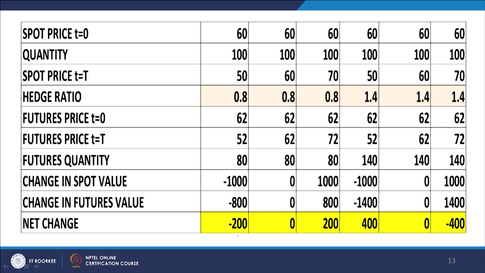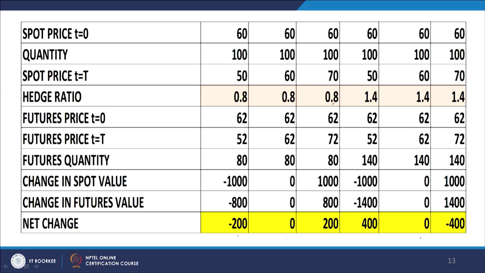On the other hand, if the spot price goes up to 70, and I maintain a hedge ratio of 0.8, I get a profit of 200 rupees, and in a similar set of data, if I use a hedge ratio of 1.4, I incur a loss of 400 rupees on the hedge portfolio.